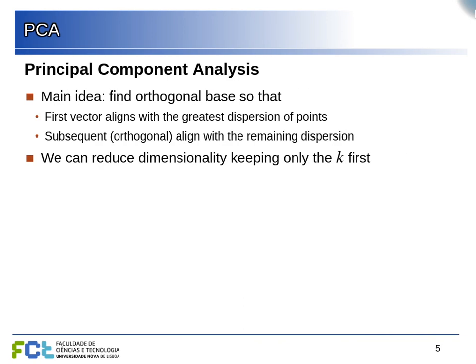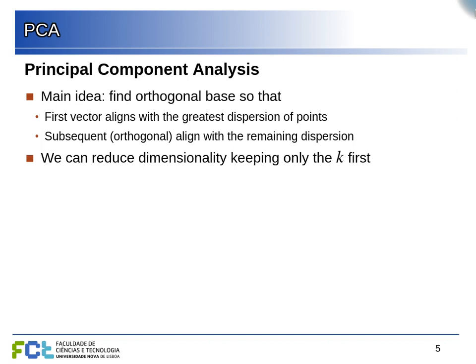So the idea here is that we start with a set of continuous valued features in n dimensions, and we want to find the rotation of that cloud of points, such that the first vector will align with the longest spread or the greatest dispersion of points, so the direction where the points are more spread out.